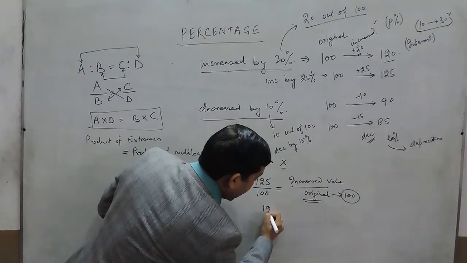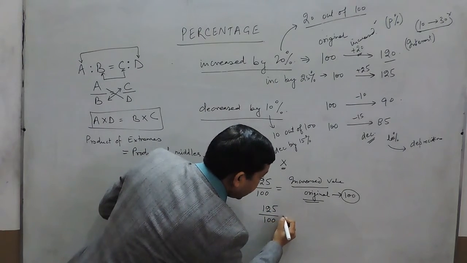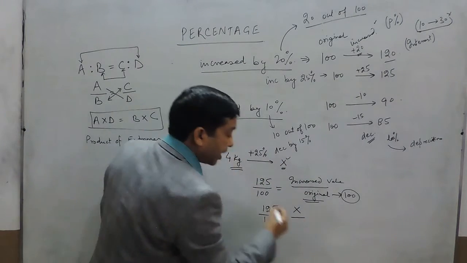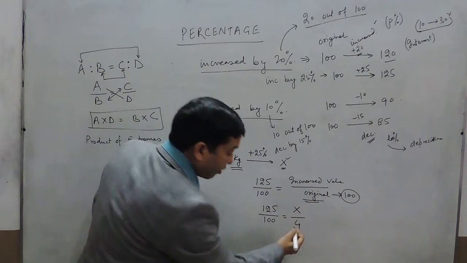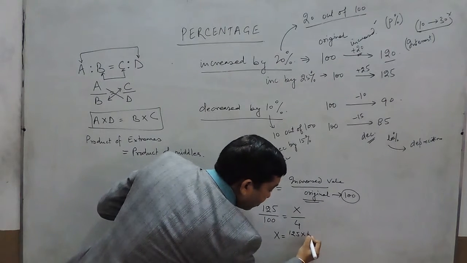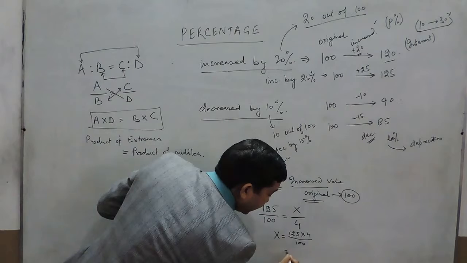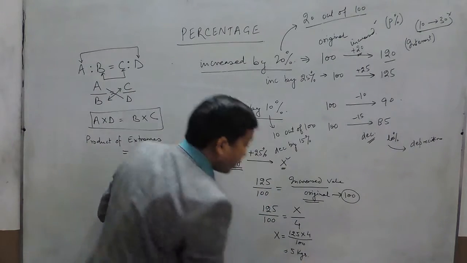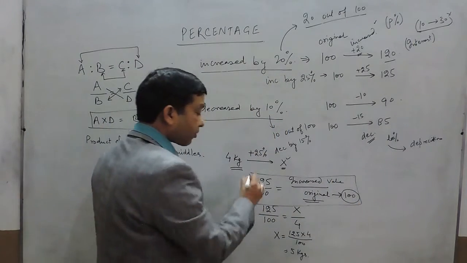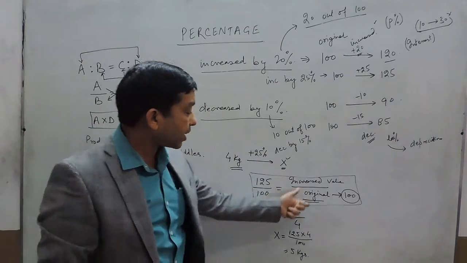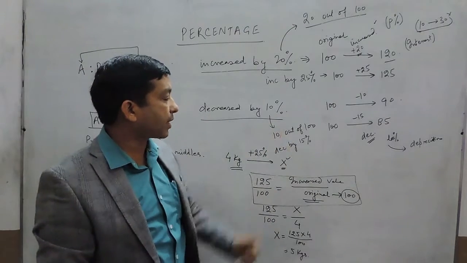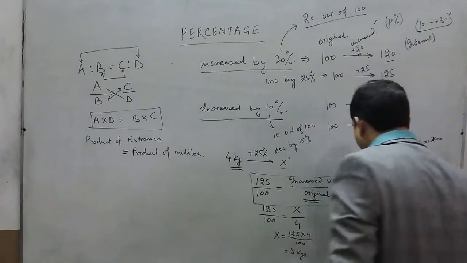Here in this question we can say 125 upon 100 is equal to x upon 4, where the increased value we put as x and the original value is 4. Once we cross multiply, the value of x comes out to be 125 into 4 upon 100, which is equal to 5 kgs. As we have solved this question by the concept of ratios, we can solve most of the questions where the phrase increased by some percent and decreased by some percent is given. Let us take another example.